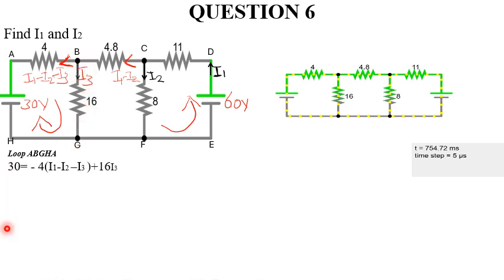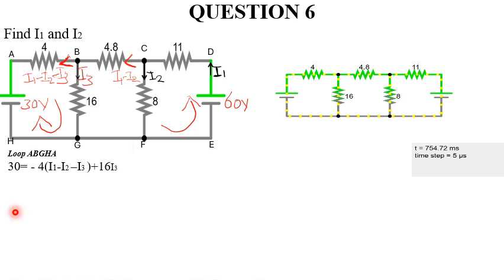I hope you understand the reason why it's minus: because our current assignment was in the opposite direction, and we are taking the clockwise direction, so it becomes minus 4 times I1 minus I2 minus I3, plus 16 I3.